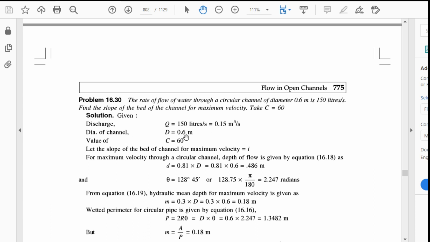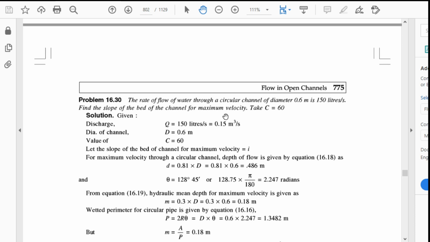Now the diameter is 0.6 and the value of C is 60. You have to find the slope of bed, I, for the maximum velocity condition, not for the maximum discharge.